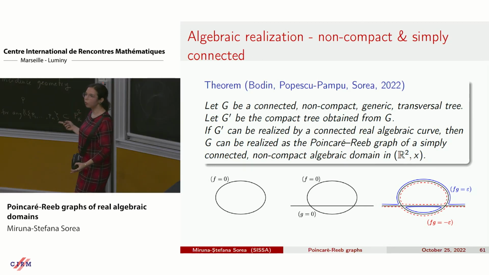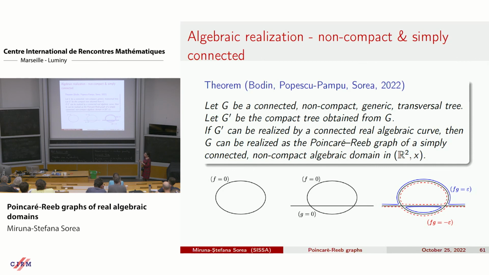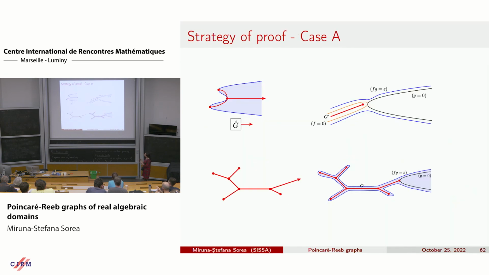The nearby level will have, here in blue, branches. So in this way, if, for instance, you want to realize this graph in the left bottom corner, just consider it as a compact one by replacing the arrow with the dot, and add a parabola to the previously constructed curve, and take a nearby level, you will end up having such a graph.